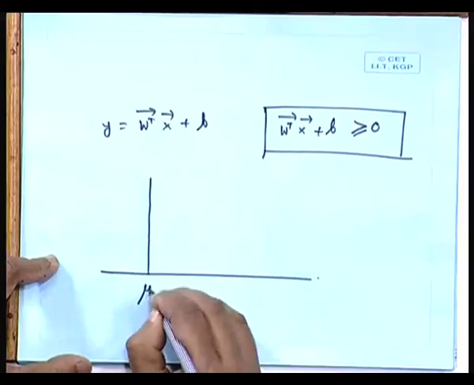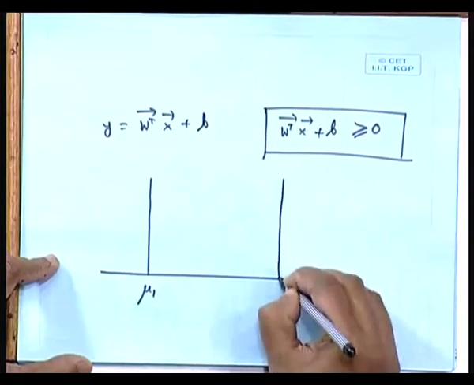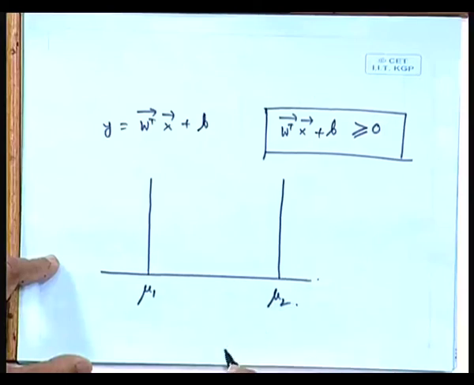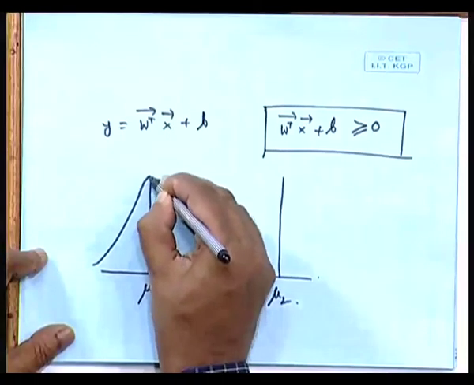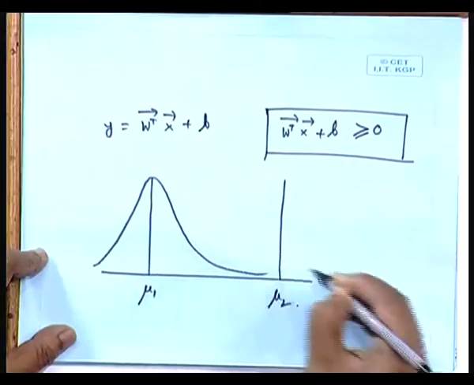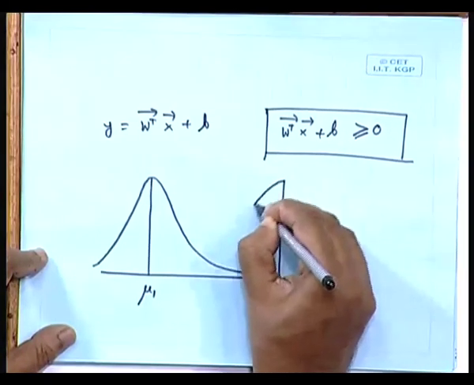So here let us say this is mu1 and this is mu2, widely separated, and also I assume that as compared to their distance of separation mu2 minus mu1, their variance is also relatively of smaller magnitude. Even then the distribution could be plotted something like this.